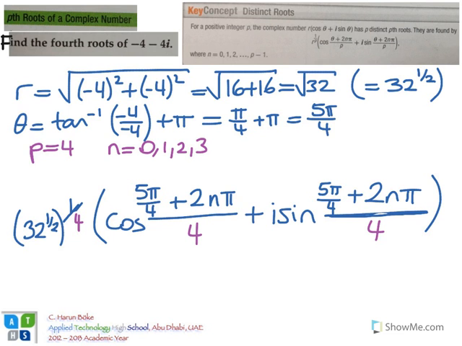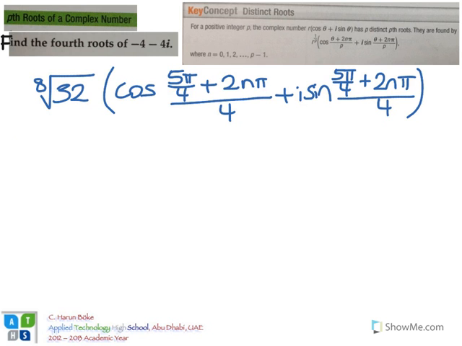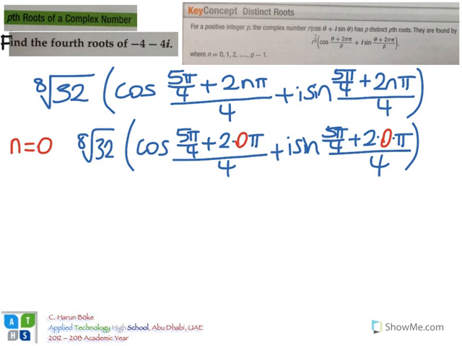So our formula looks like this. It will be 32 to the power 1 over 8 times cosine of 5 pi over 4 plus 2n pi over 4 plus i sine 5 pi over 4 plus 2n pi over 4. Now each time I substitute n, 0, 1, 2, 3, I will get a distinct separate root from this calculation. So let's see how. For n equals 0, this part is 0 because we multiply by 0.